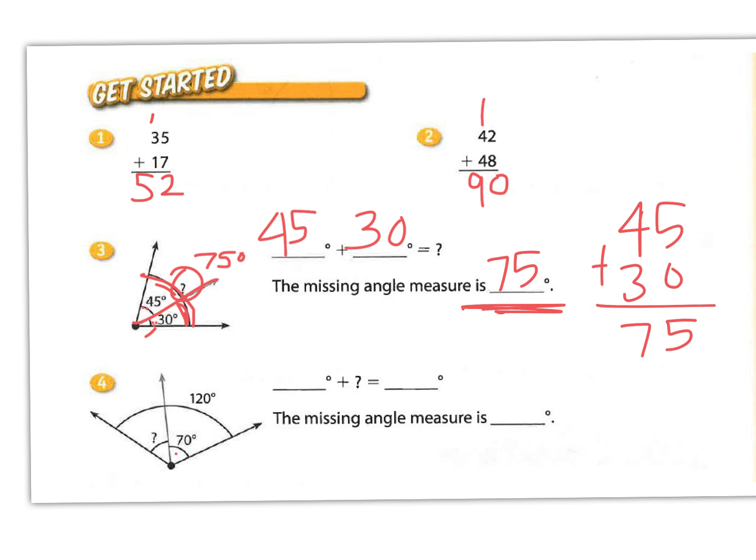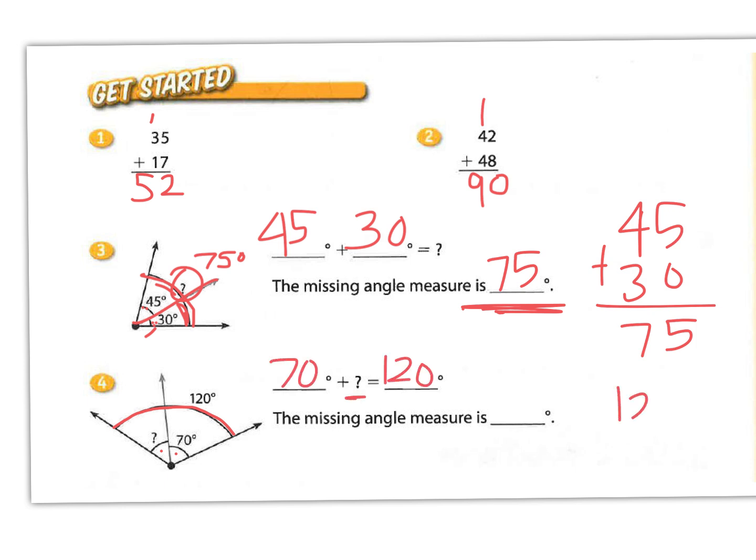Here we have adjacent angles again, 70 and one we don't know, but we do know the full angle. Excuse me, sorry, I didn't see that question mark there. 70 plus the question mark equals 120.